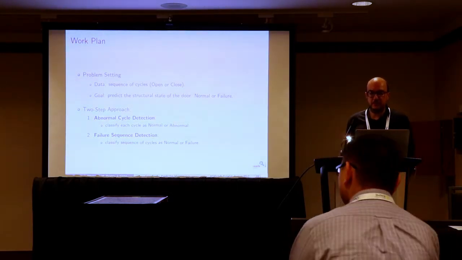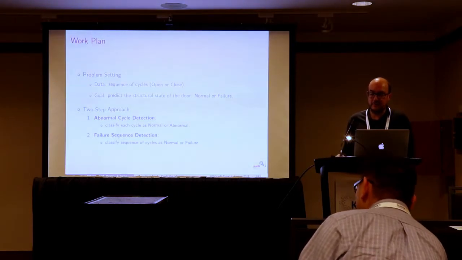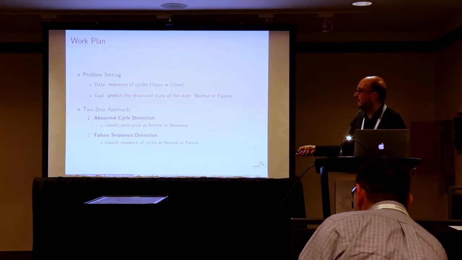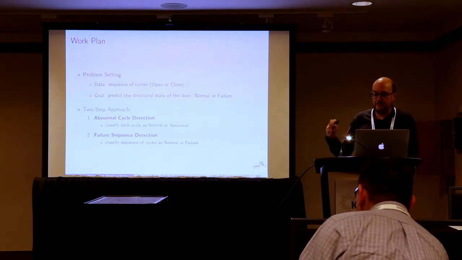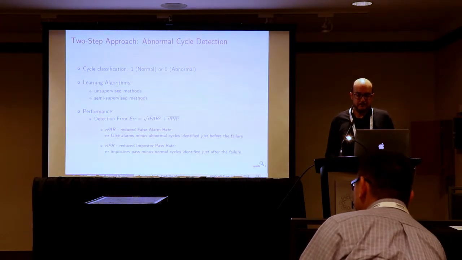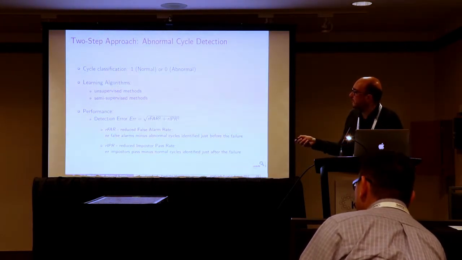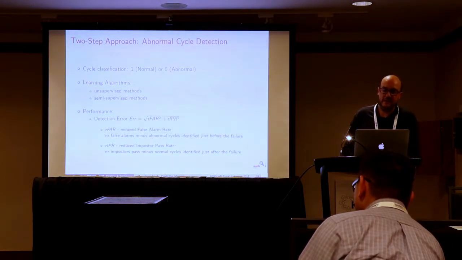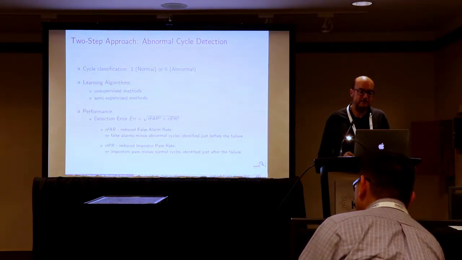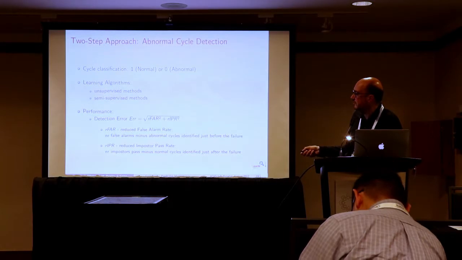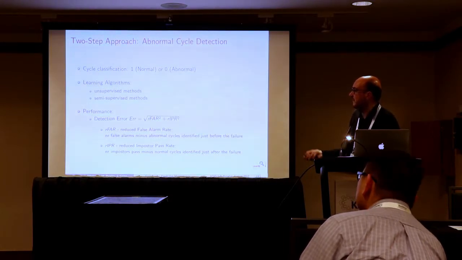In the first step, we see which cycles are normal or abnormal, and in the second, we filter these to keep only the ones that correspond to a failure of the door. So for the first one, we are going to detect if they are abnormal. This is a standard anomaly detection. We are going to use supervised and semi-supervised methods, and we are going to optimize the detection error.